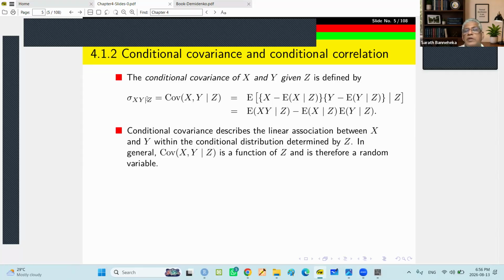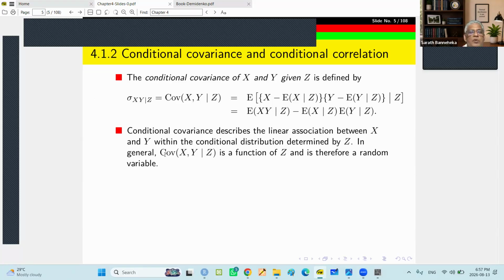So the conditional covariance describes the linear association between x and y within the conditional distribution determined by z. In general, the covariance of x and y given z is a function of this random variable z, and therefore it is a random variable.